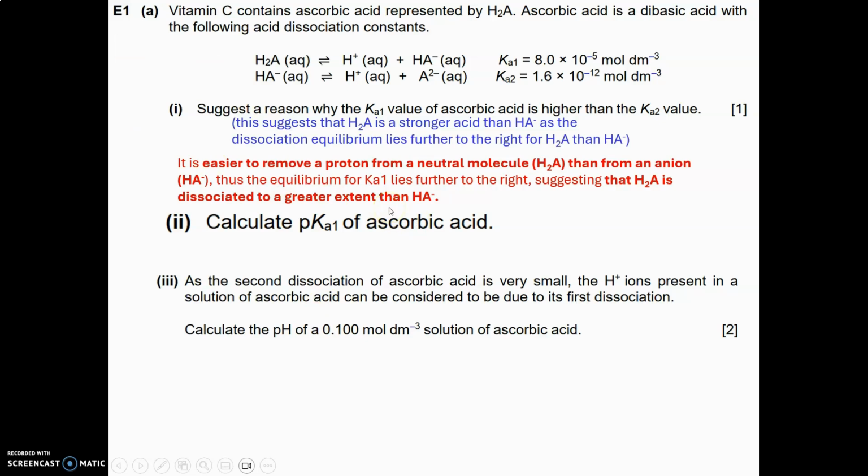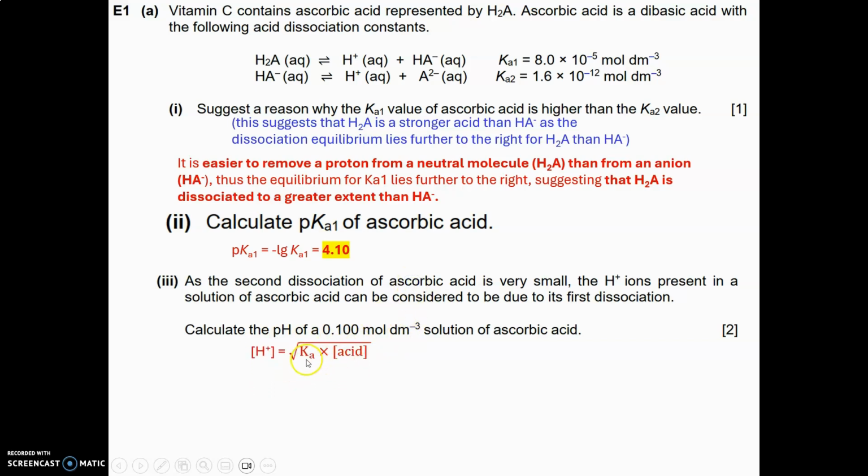Part 2, calculate pKa1 of ascorbic acid. Now this is easy. When you see the small p, it just means negative log. So you're just going to substitute in this value of Ka1, and the pKa1 of ascorbic acid is 4.10. Part 3, calculate the pH of 0.100 mol per dm cube ascorbic acid.